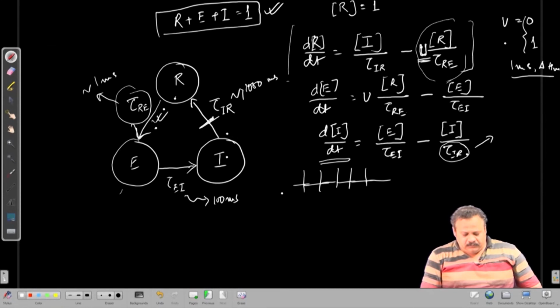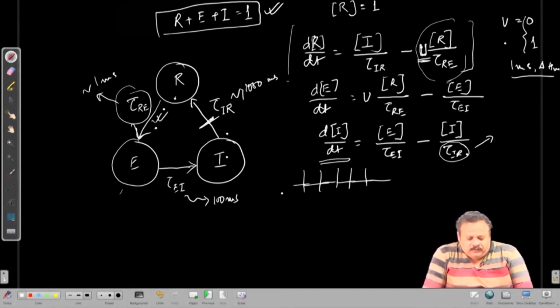So, in fact, with this idea, we will be discussing one of the consequences of short term depression later on. So, now, this is only a simple model.